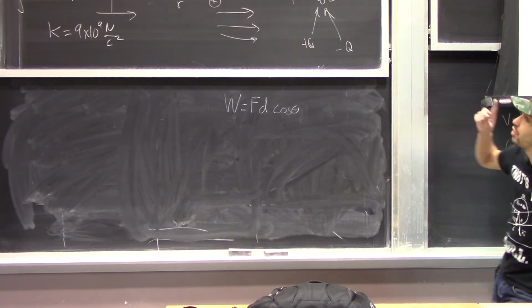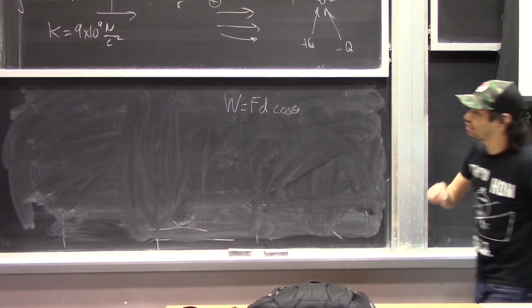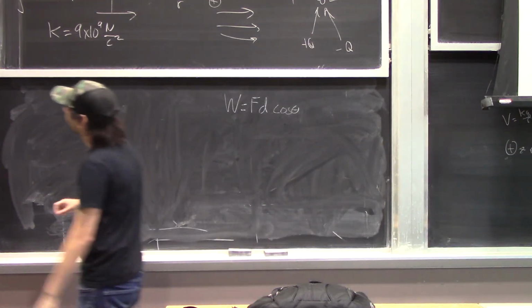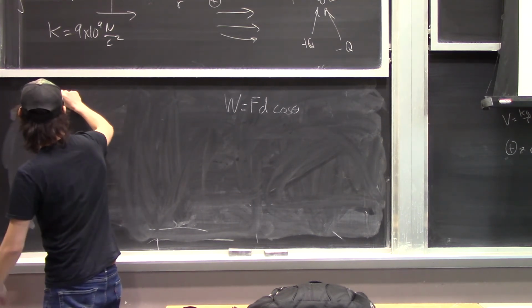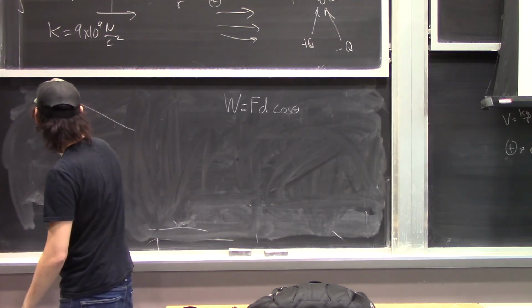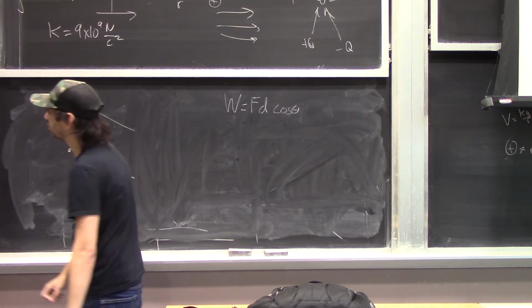And so what we can do here is draw our hills for these. For the first one, we're going from some high point to some low point, so this is going to look like this. For the second one, it's also going to look like that. For the third one, it looks like this, okay?